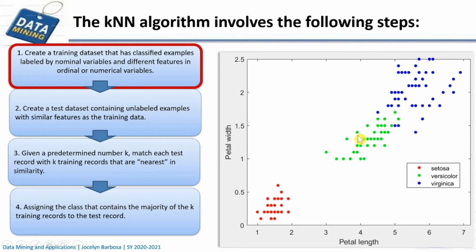That is under the assumption that each data point, case or instance has already been classified to the category, group or class it belongs to. In this case, we label them Setosa, Versicolor and Virginica.